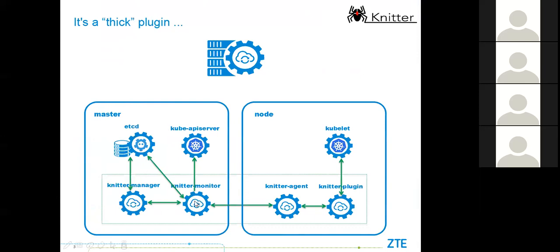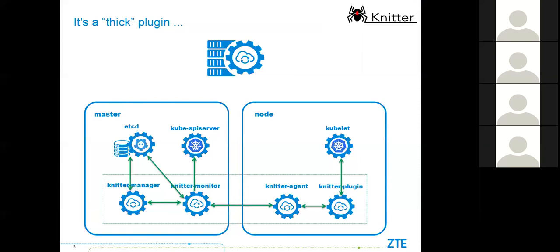And the second one is Netter Monitor. Netter Monitor watches the creation and the deletion of pods. When a pod is created, the monitor will get the event from the Kube API server. It then gets the pod annotation and parses what networks the pod wants to attach to.